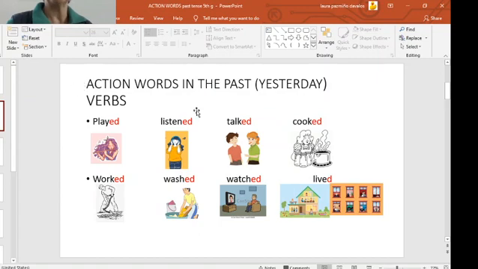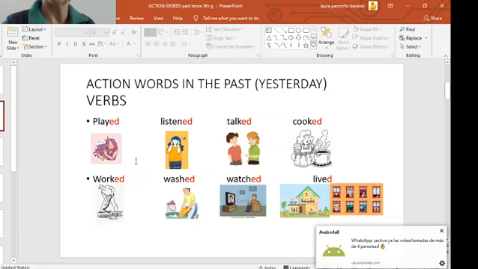Okay, can you see something different? What happened to each action word? We add an ed. Every single word has ed at the end. ¿Qué significa?